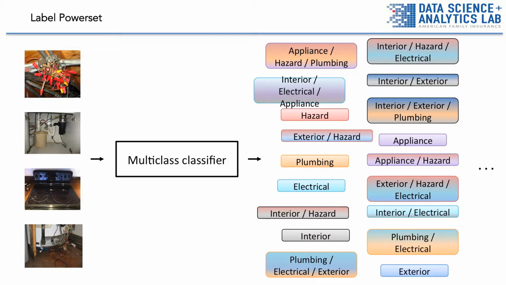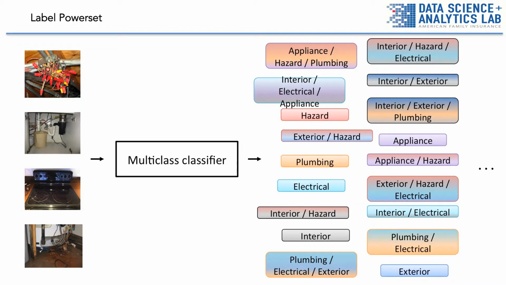It's going to have hazard assigned on its own as one possible output class. It's going to have electrical as another output class. And then unrelated to either of these, it's going to have a class like exterior / hazard / electrical. And then it's going to have yet another appliance / hazard output class. And just more than I can depict on this slide, all of these different combinations of labels that could be applied.